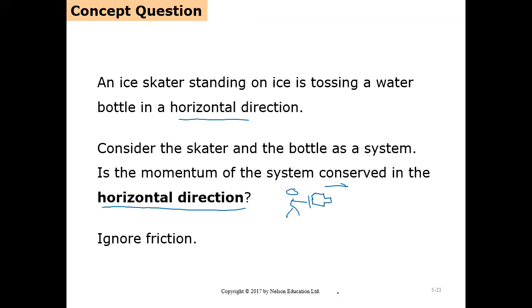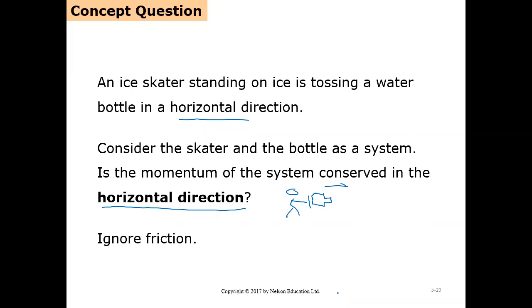We can say in a certain direction momentum is conserved, in some other direction momentum is not conserved. Suppose in a given direction the net force is 0, then the total momentum in that direction is conserved. So we can take directions separately and say whether it is conserved in that particular direction.